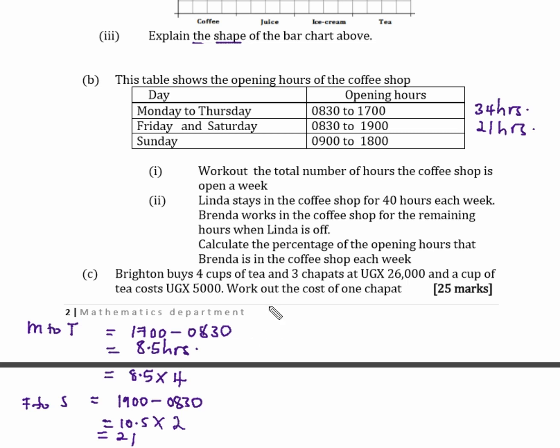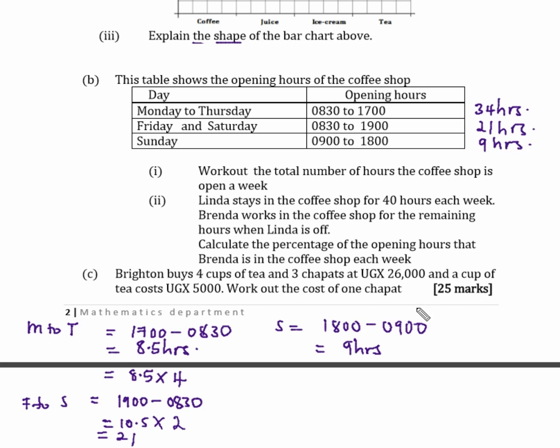Good. Sunday, it is from 900 hours to 18 hours. So we shall say that is 1800 hours minus 9 hours, and we shall get 9 hours when the coffee shop is open on Sunday. Since it is 1 day, we shall just write what? 9 hours.